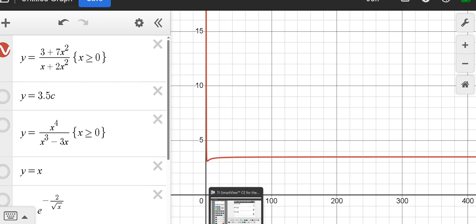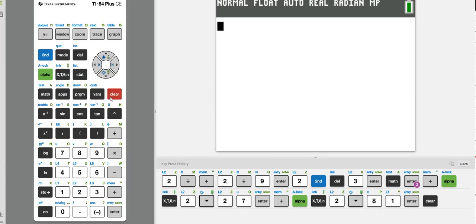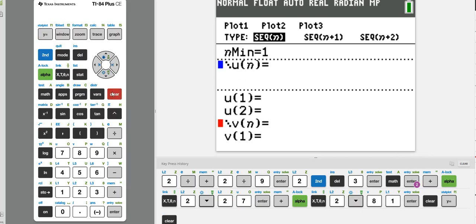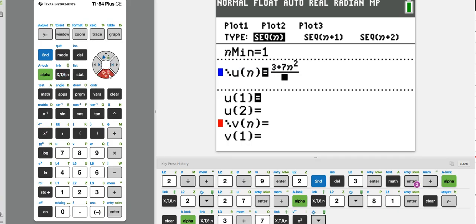You could, if you wanted to, plug this function into your calculator. Let me just do that here real quick. Let's do a fraction here. I want 3 plus 7n squared over n plus 2n squared.